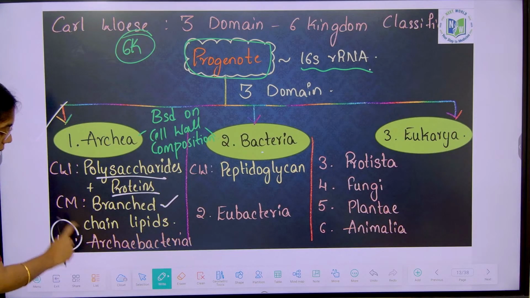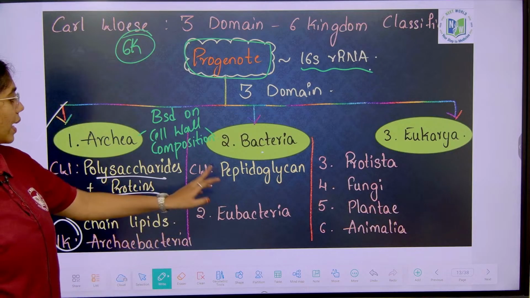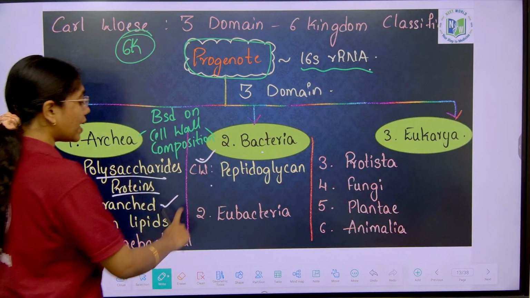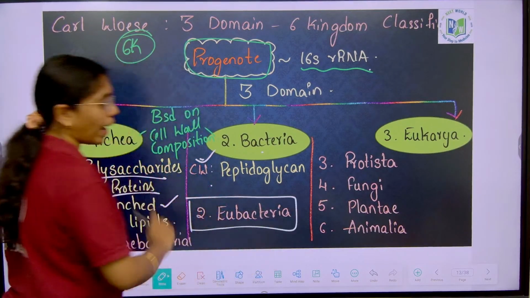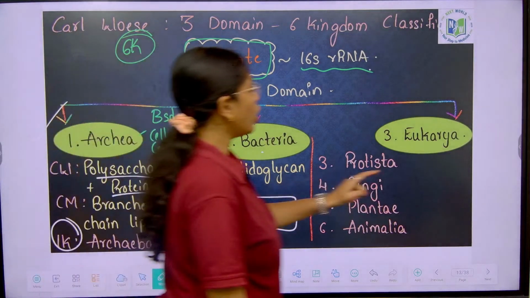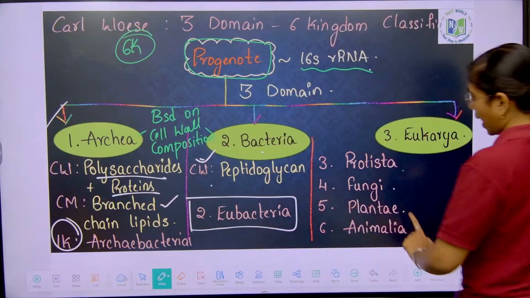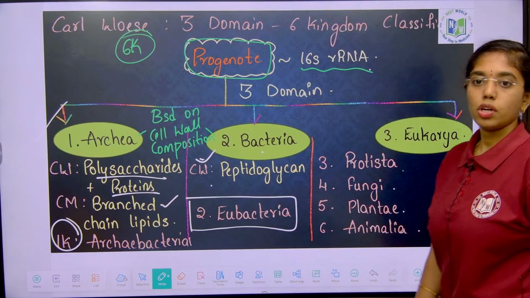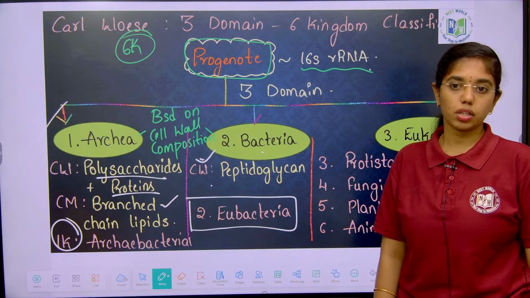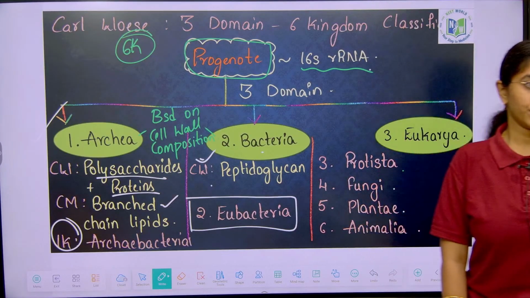The only kingdom under the archaea domain is archaebacteria. Whereas the cell wall of bacteria is peptidoglycan, and the only kingdom here is eubacteria. There are 4 kingdoms under eukarya: Protista, fungi, Plantae, Animalia. So, this is all about the 3 domain 6 kingdom system of classification proposed by Carl Woese.